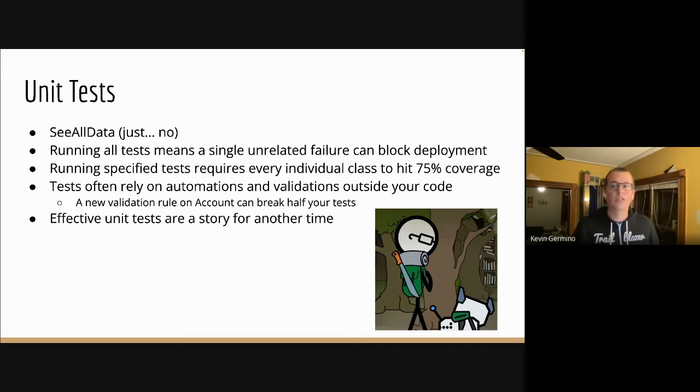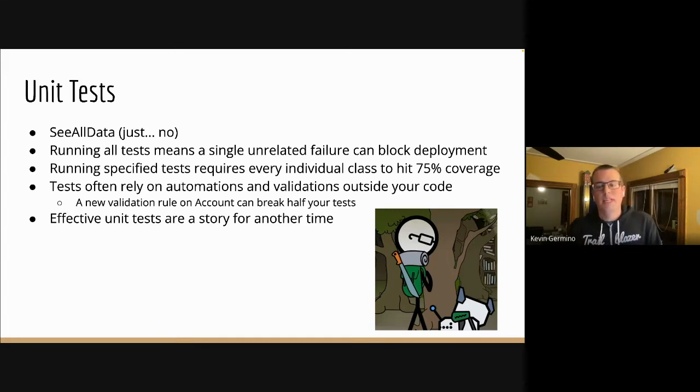And that will work as long as every class in your deployment hits 75% coverage. If you don't, you have to run all your tests. And so these are two really closely interrelated things that you need to make sure you're ready for. And the biggest thing to do is run your tests in every environment, but make sure that you know what tests you have to run and that those tests will pass.